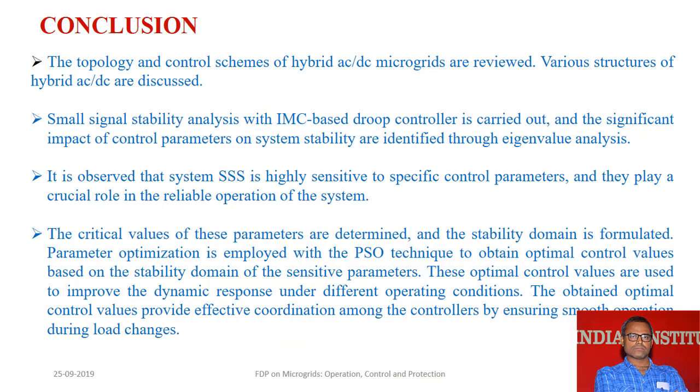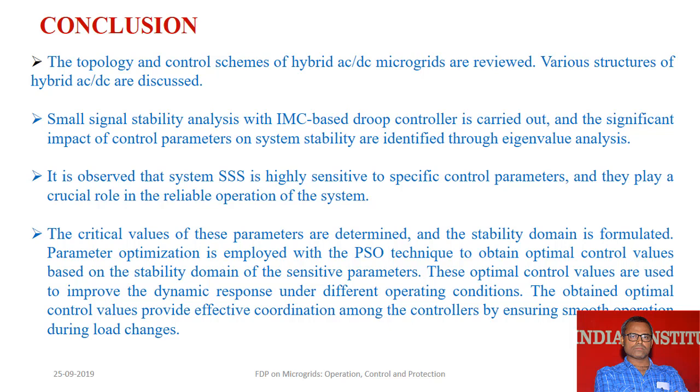So let us conclude our session. We discussed different topologies and control schemes of AC/DC microgrids, and also various structures, right? Then we discussed the small signal stability analysis with an IMC based group controller, and also with an optimal IMC group controller.